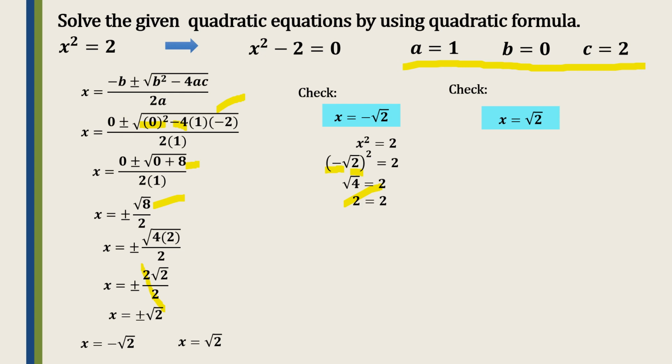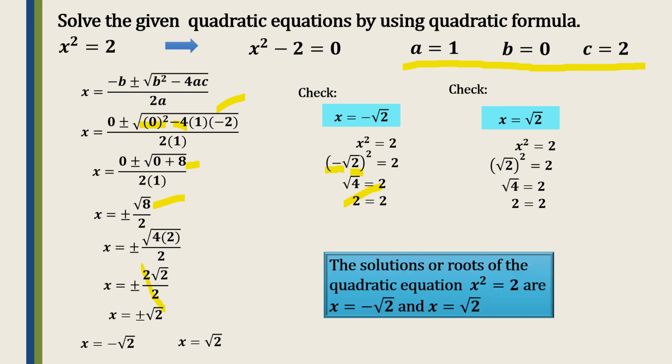Next, when x is equal to square root of 2. So, again, palitan lang natin ang x sa original equation. Magkakaroon tayo ng square root of 2 squared equals 2. So, magiging square root of 4 equals 2, then 2 equals 2.